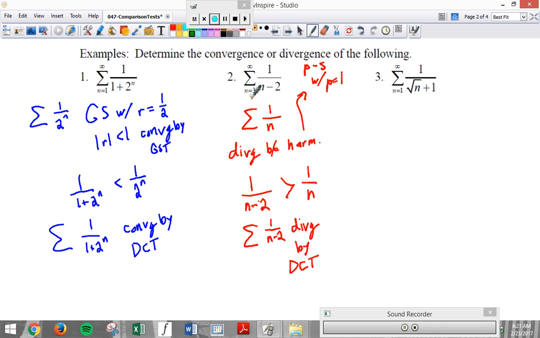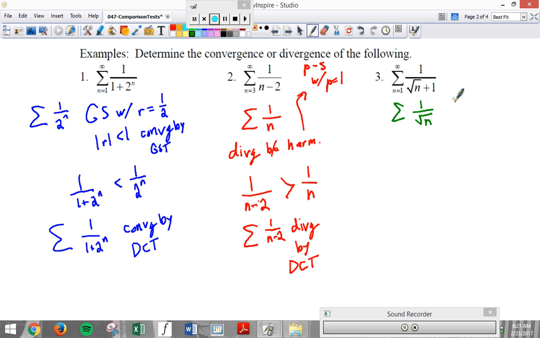All right, this one. If you're paying attention to the trick we used in the last two examples, you would correctly conclude that we're going to try this one. Now, why do we know whether that converges or not? What type of series is that?